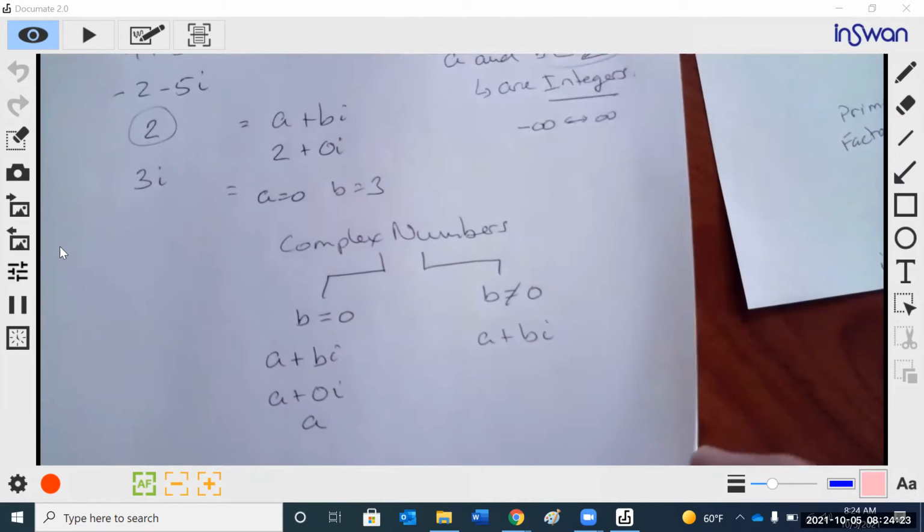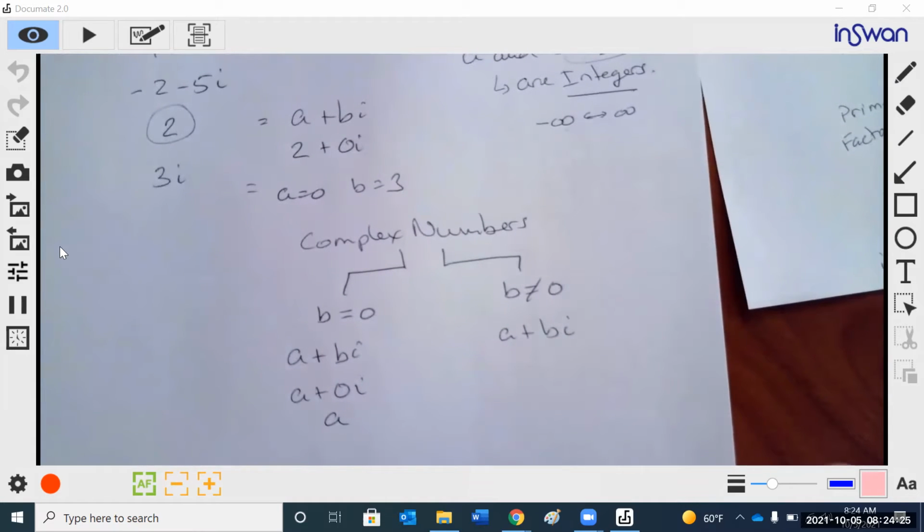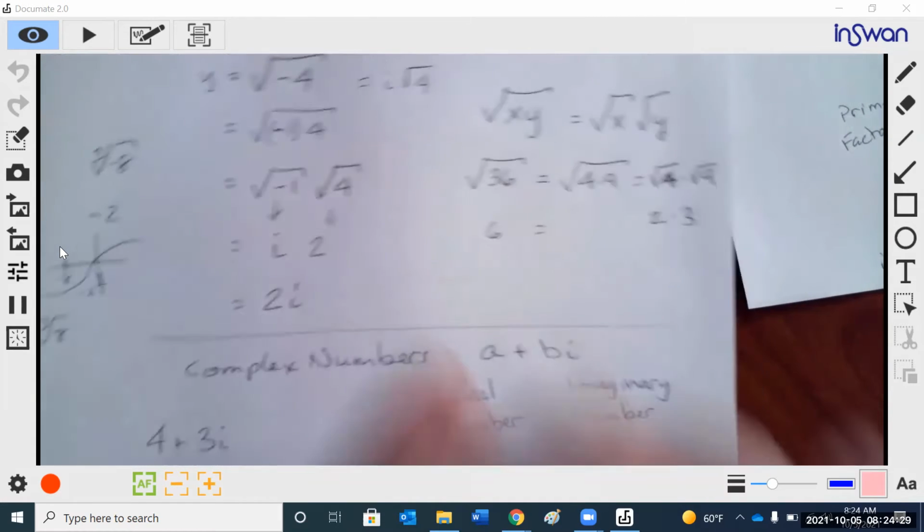So now let's look at some examples of finding complex numbers in equations. We had one example up here already.